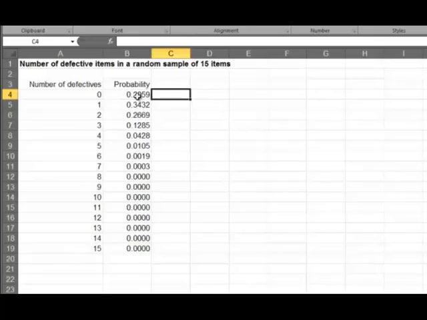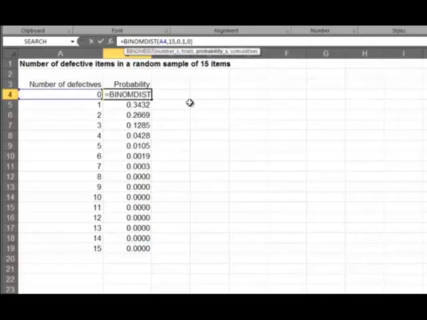Now, we're given these probabilities in the data set, but if we look at the values, we may wonder where these numbers came from. And if we look at the cells themselves, we can see that these actually are results of this binomial dist formula. In each case, we're saying equals binomial dist of that value of k, the number of defective parts out of a batch size of 15, comma, the number of trials, 15, the probability of success, 0.1 or 10%, and then the cumulative flag is set to 0.